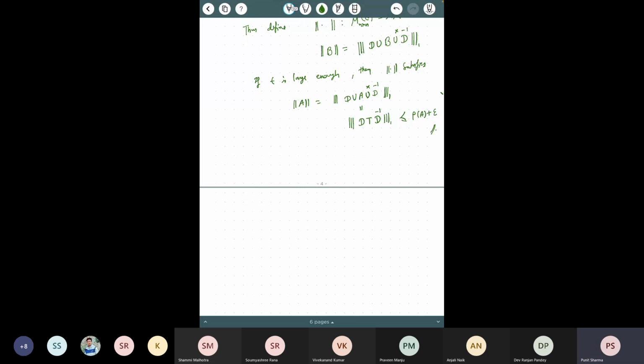So now let me give you one exercise here, which is very easy to verify. If A is an n cross n matrix over C, and this is a matrix norm on this space of matrices, and the norm of A is strictly less than 1, then you can quickly tell that I minus A is invertible.